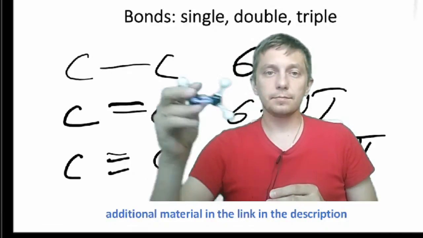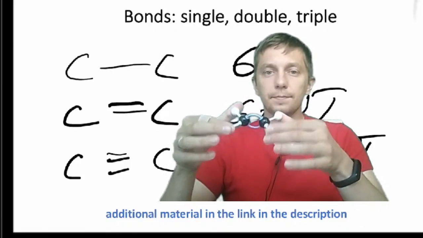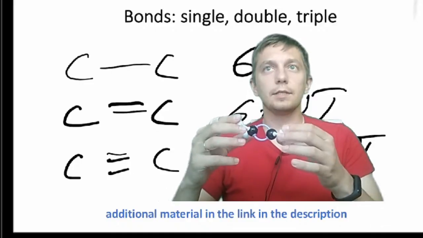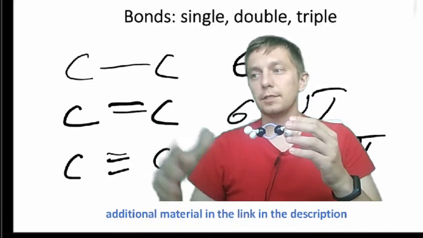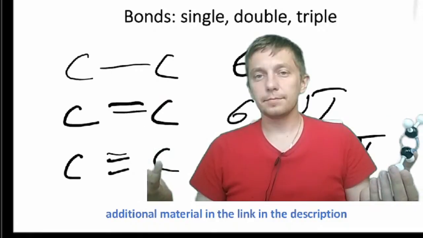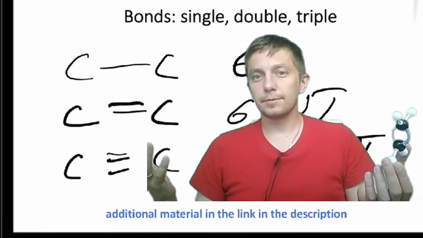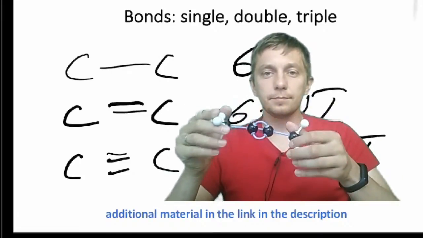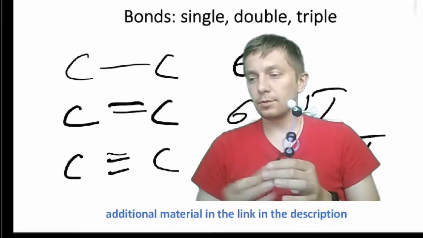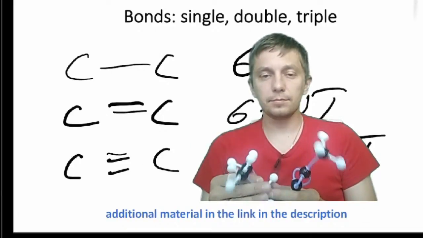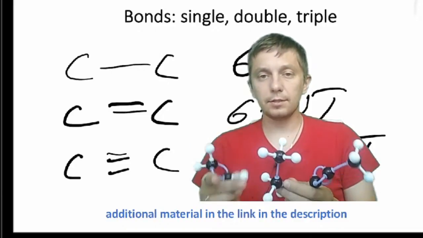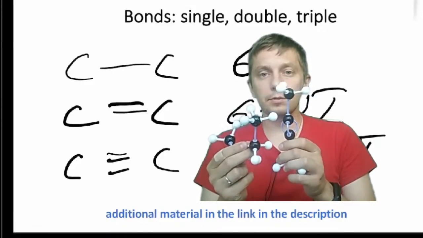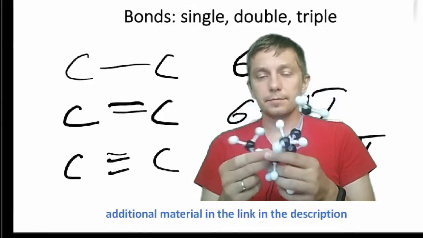Double bond, like ethene, which is used for banana ripening. And triple bond. So what we can see from double, single and triple bond, single and triple bonds can rotate, double bond no.